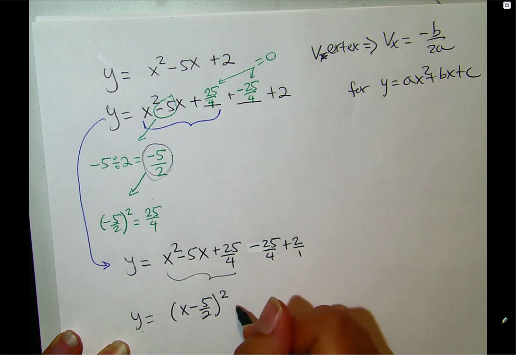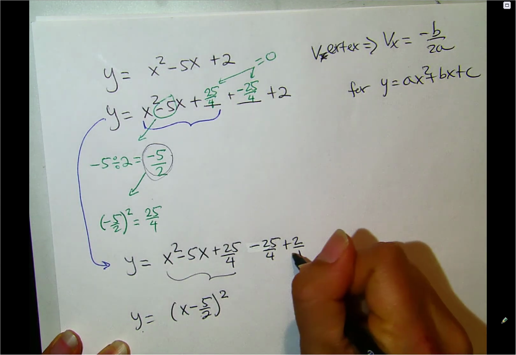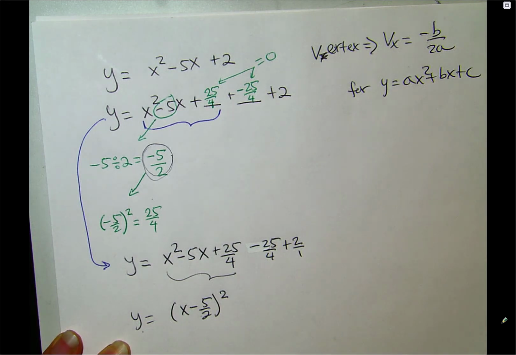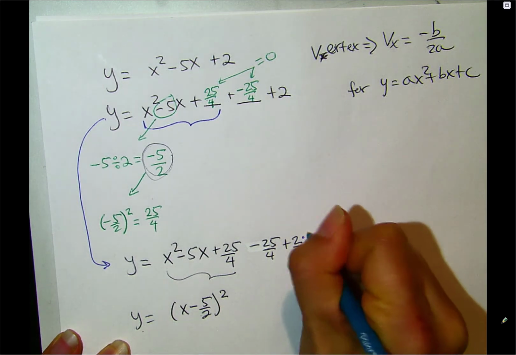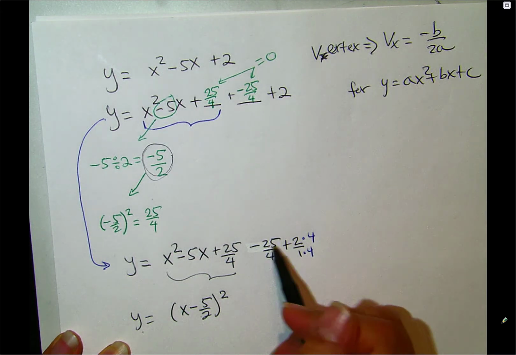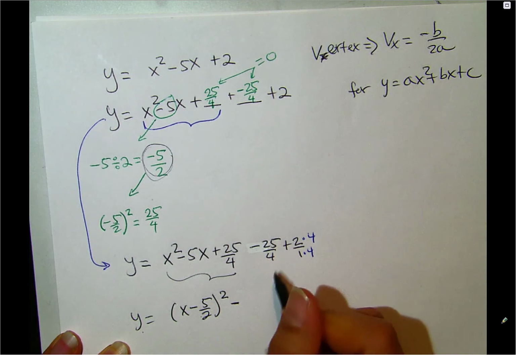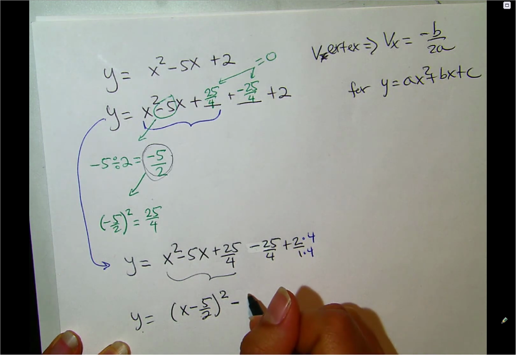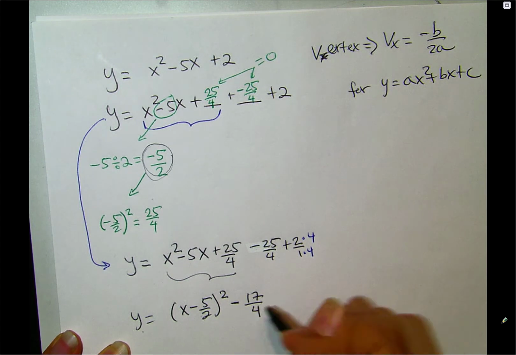And now get a common denominator. Common denominator is 4, so I'm going to multiply top and bottom by 4. So I have 8. So negative 25 plus 8, so what's that? Negative 17 over 4.